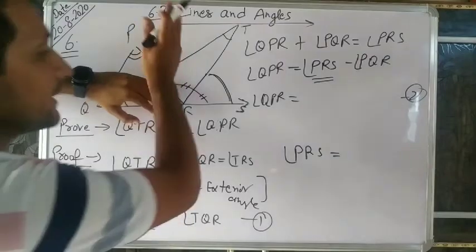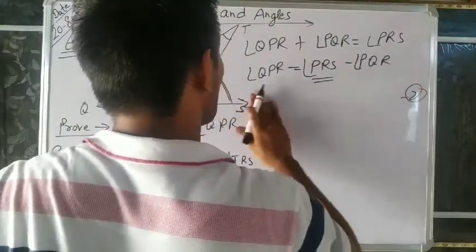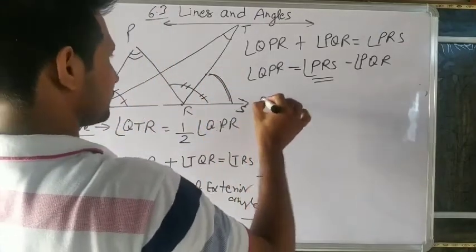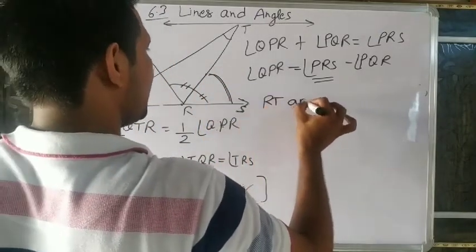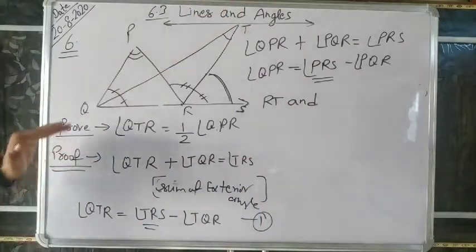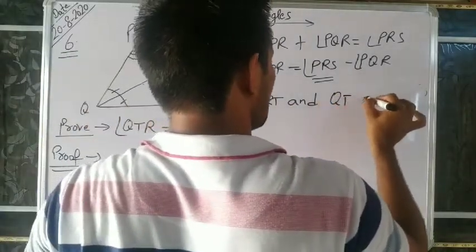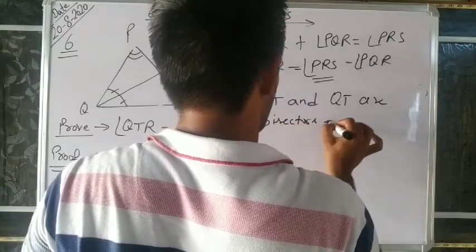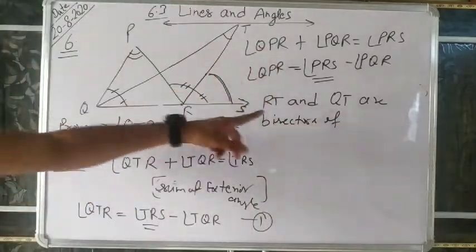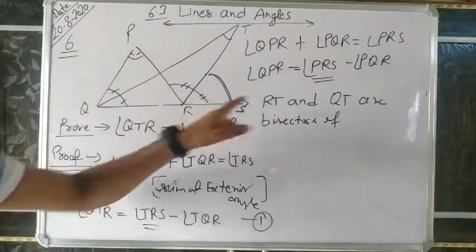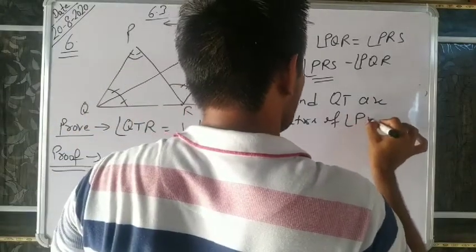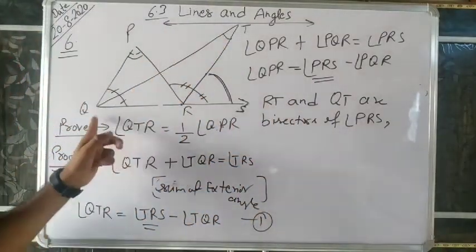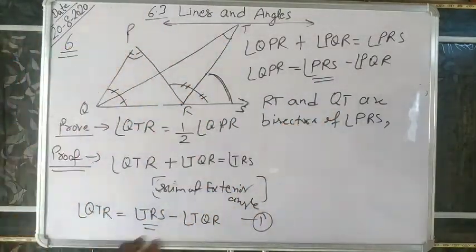You can write here that RT and QT are bisectors of which angle? RT is the bisector of angle PRS, and QT is the bisector of angle PQR.